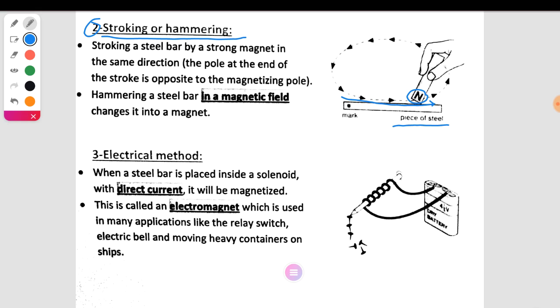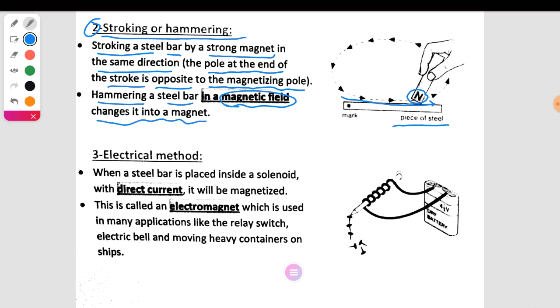The piece of steel is converted into a magnet by stroking it in the same direction, and the pole at the end of the stroking is opposite to the magnetizing pole. Hammering a steel bar in a magnetic field also changes it into a magnet. This is the second method.